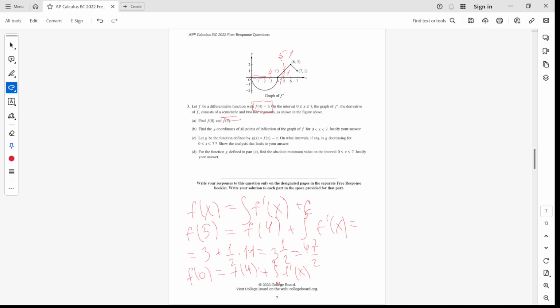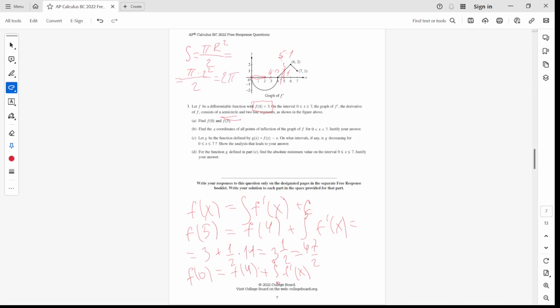So the area of this semicircle would be pi r squared divided by 2, and then pi times 2 squared divided by 2, which is 2 pi.